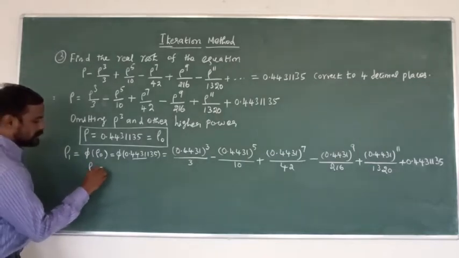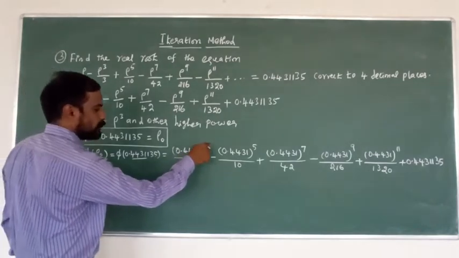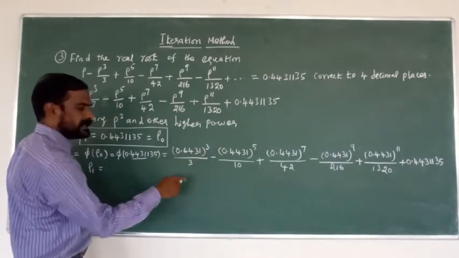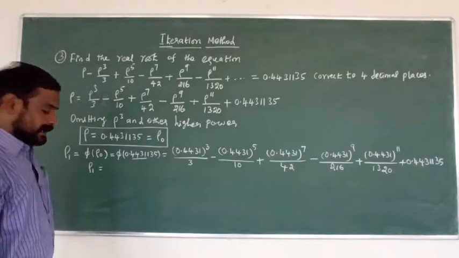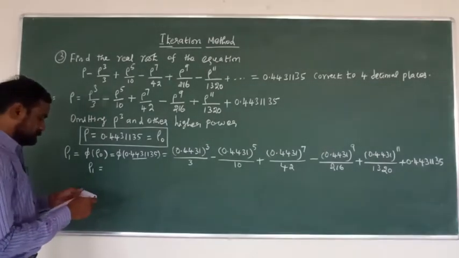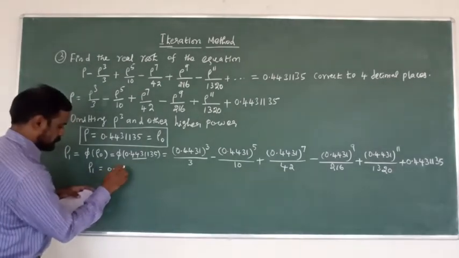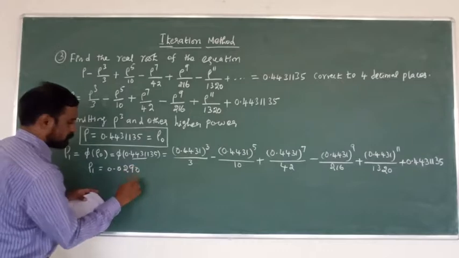Now to simplify this one, rho 1 equal to 0.4431 cube, that result divided by 3. Now we can get the result 0.0290.